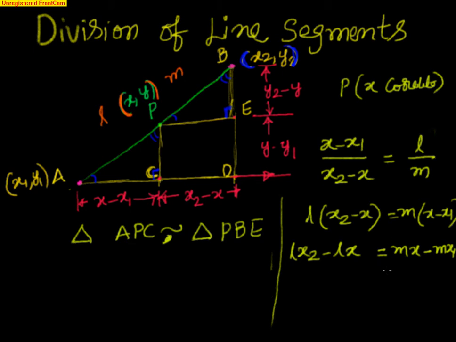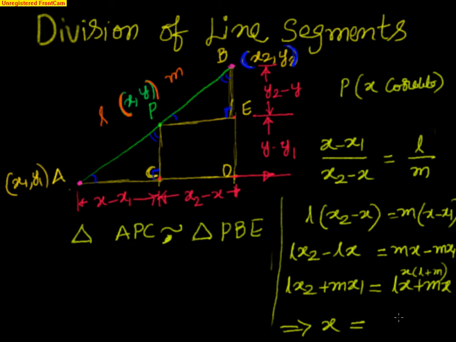If I take x to that side, this becomes Lx plus Mx is equal to Lx2 plus Mx1, which is nothing but, if I take x common here, x into L plus M. So I can say x is equal to Lx2 plus Mx1 divided by L plus M. This is the x coordinate.